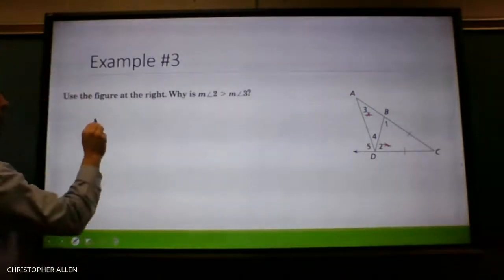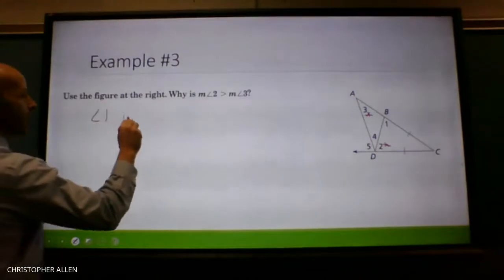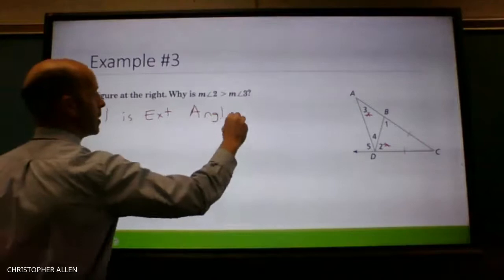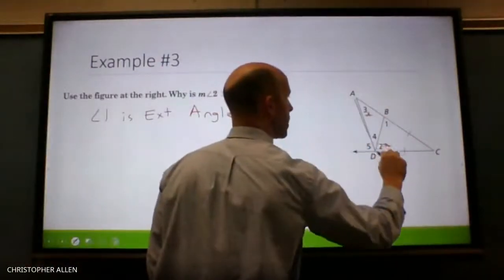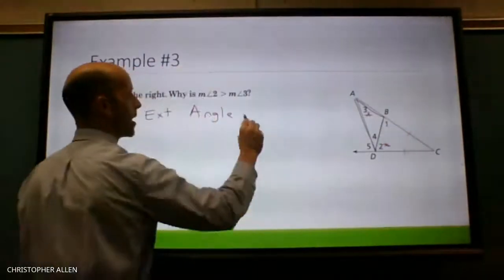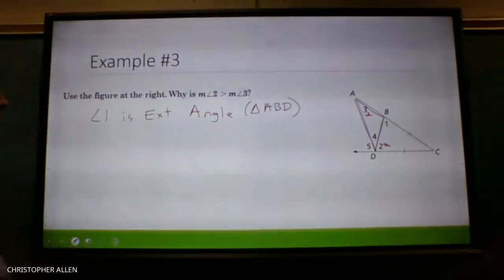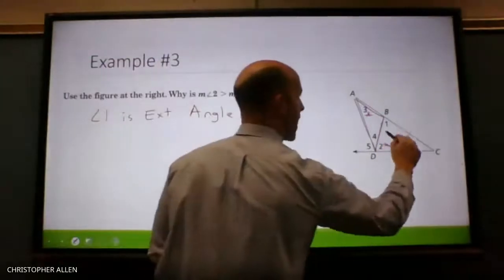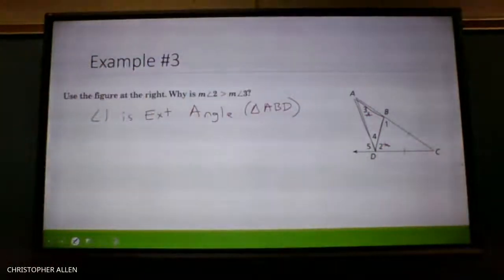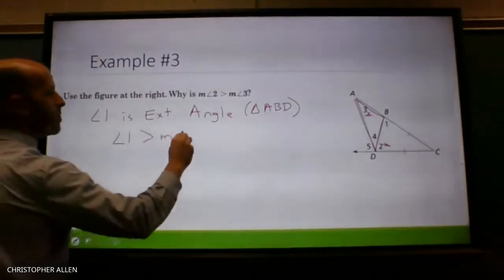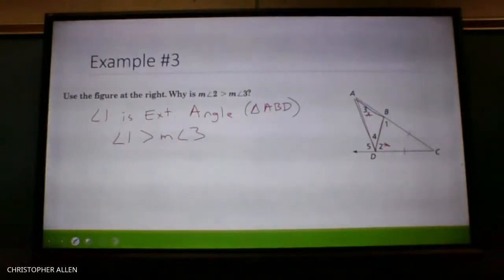I hope you would all agree that angle 1 is an exterior angle to this triangle up here, triangle ABD. Based on that, I can say that angle 1 has to be greater than the measure of angle 3. That has to be true.